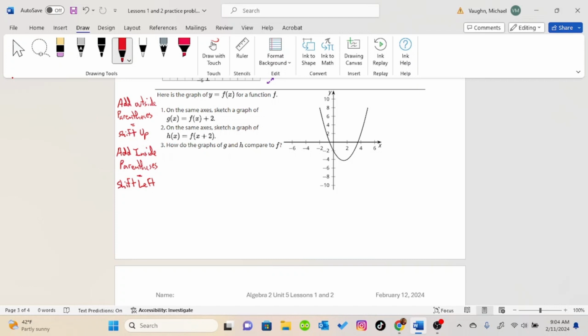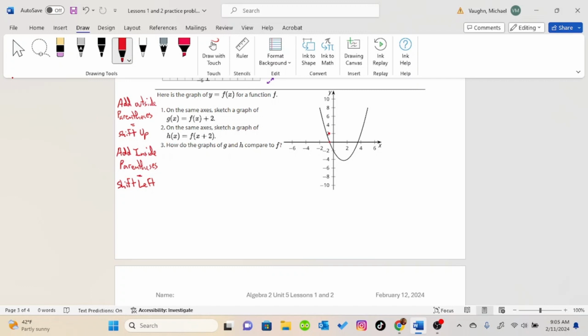So on number 1, we're taking the original graph and we're shifting up 2, because what we're increasing by 2 is the value of y. So when I see this point right here at the x-axis, I am going to shift that up to y equals 2.